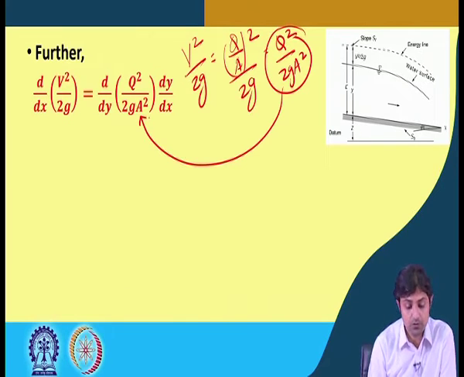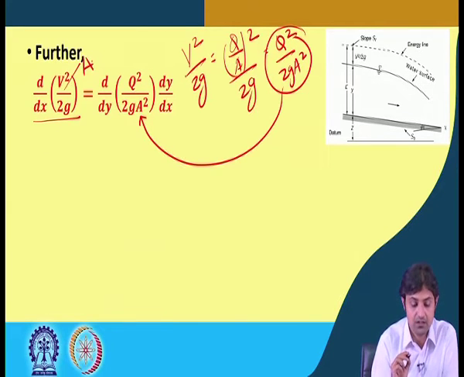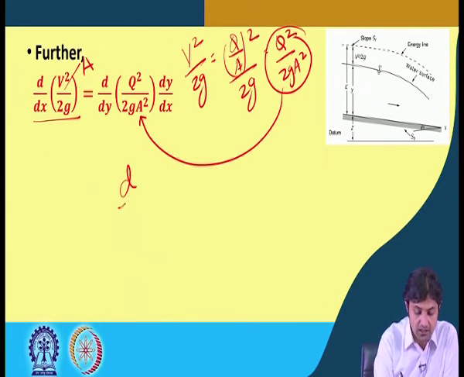Now, instead of writing d dx of v square by 2g, let us say this is A, for example, capital A. So, what we write is dA by dy into dy by dx.